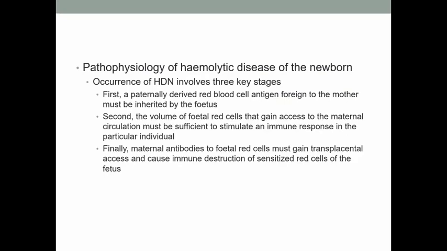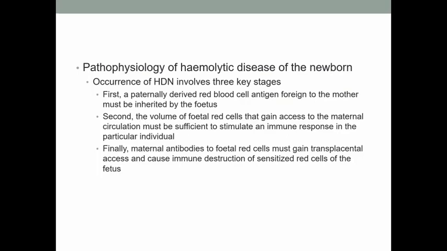the maternal circulation will get some amount of fetal cells. These fetal cells are actually Rh positive, so they are immunogenic. They are D antigen positive, and the maternal circulation is Rh negative.